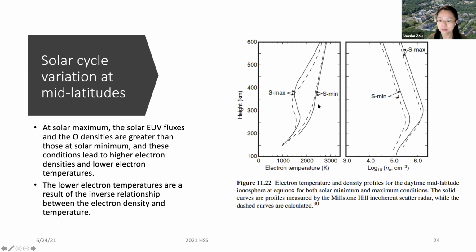Again, the temperature of the electrons is inversely proportional to the density. So during max, we have more density, but their temperatures are actually lower. So this is another clear example of this anti-correlation between electron number density and their temperature.